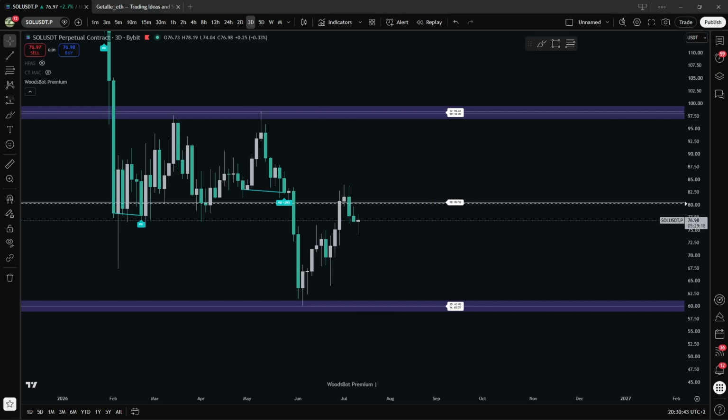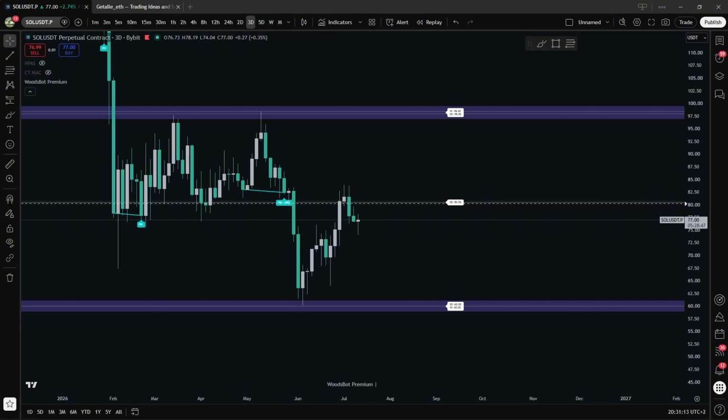Today I want to talk about something that every trader needs to have, a working, backtested strategy. Now, most traders do not have a proper working trading strategy. And I want to show you guys how you can backtest a strategy in TradingView and how you can, for example, utilize the WoodsBot Premium indicator to actually make a proper working trading strategy, which was what I did as well.